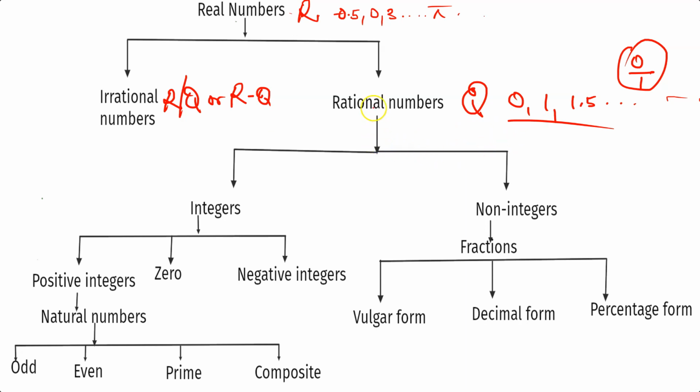Alright, let's proceed. The rational numbers are further broken down into integers and non-integers. In mathematics, we use the big letter Z to represent the integers. Just have that in your mind. I tell my students almost all the time that when you talk about the integers, we are just talking about the whole numbers.